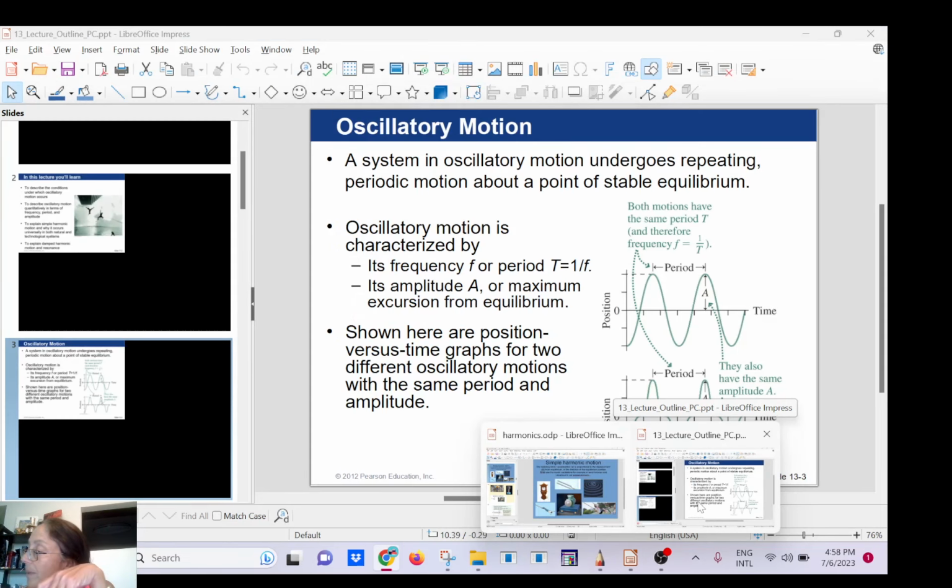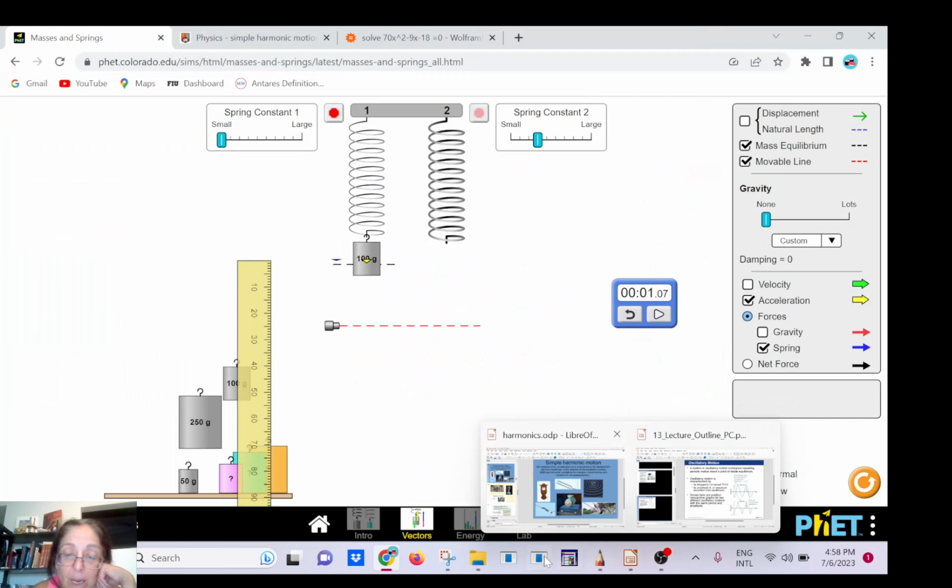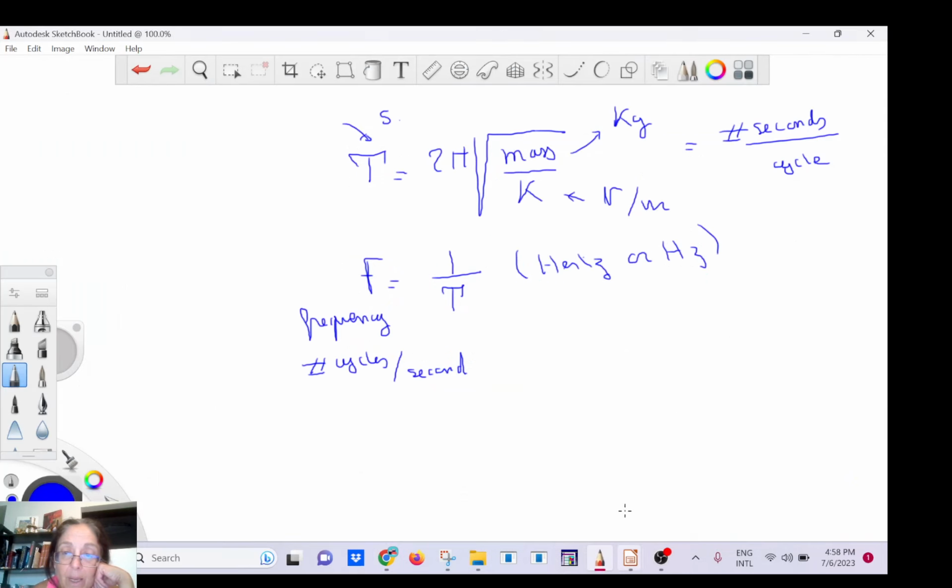So anyway, what else? In the lab, I will show you a lab in the next video. But what you can do here, if you square both sides, you're going to see that the period squared equals 4 pi squared over k times the mass.